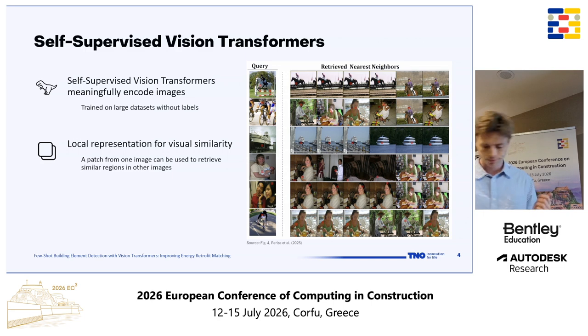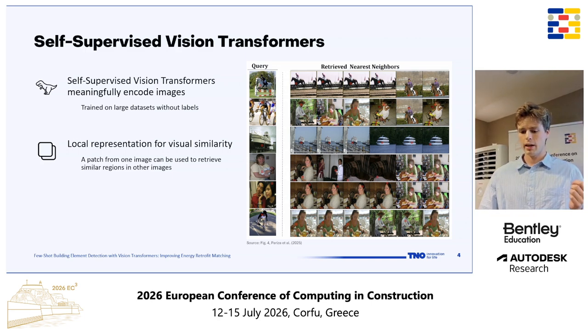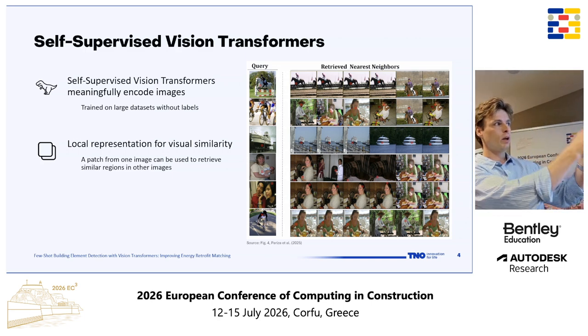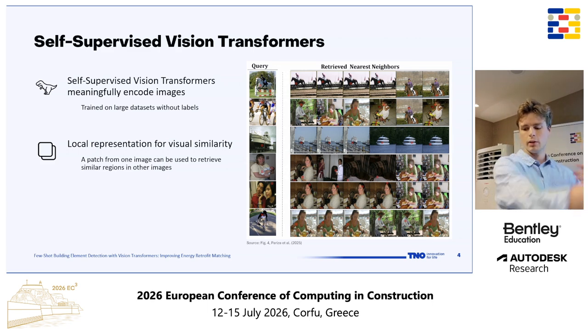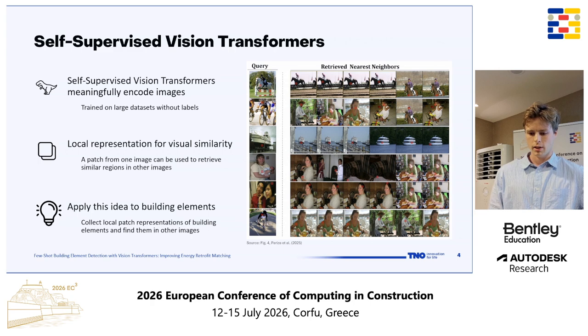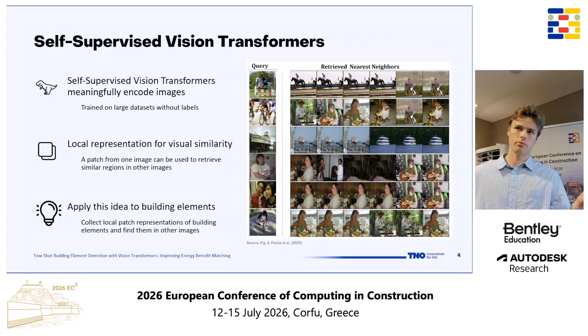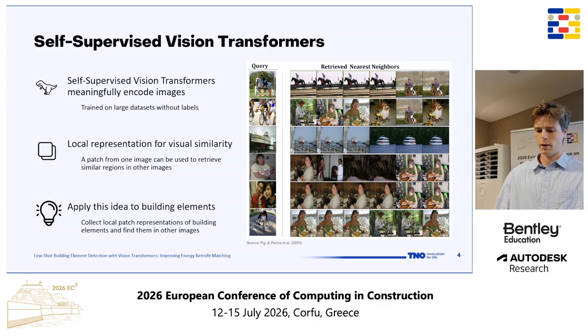So basically, if you have a local representation in one image, you can use that to find similar areas in other images. And we apply this to building elements and try to find building elements in a similar way.